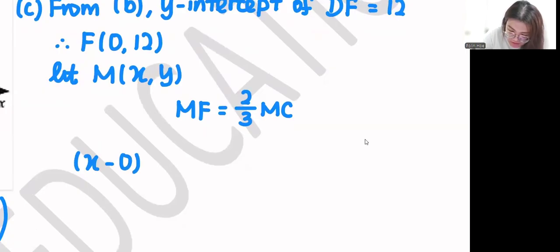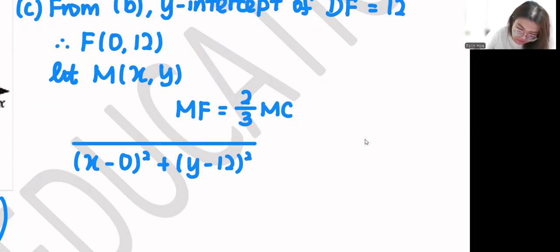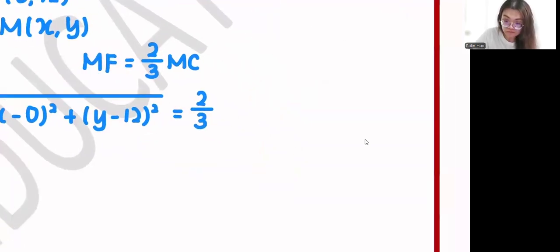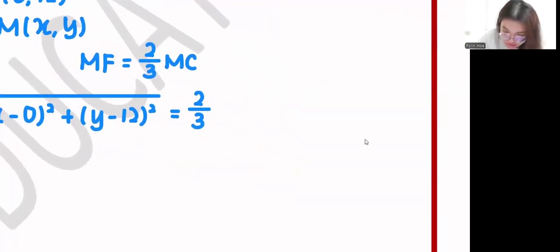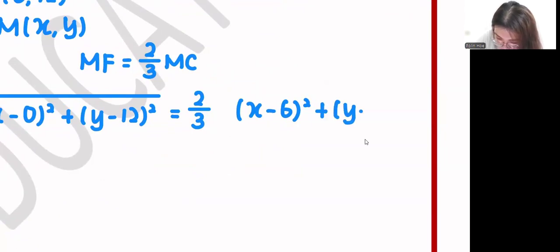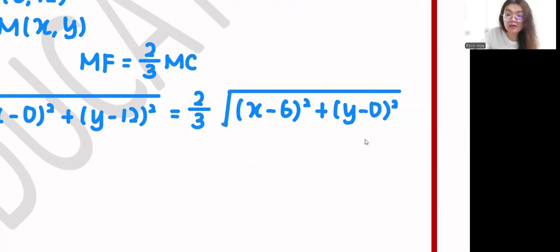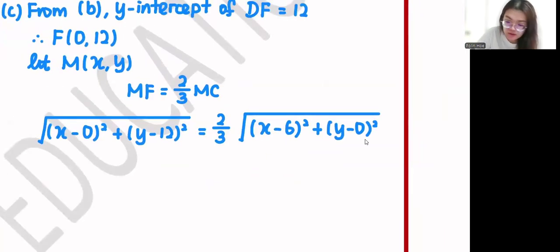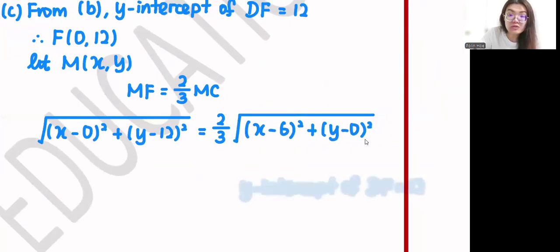X minus 0 square plus y minus 12 square, square root, is equals to 2 over 3 times square root of x minus 6 square plus y minus 0 square. Be careful. 当你要 cancel square root, you need to square everything, include your 2 over 3.